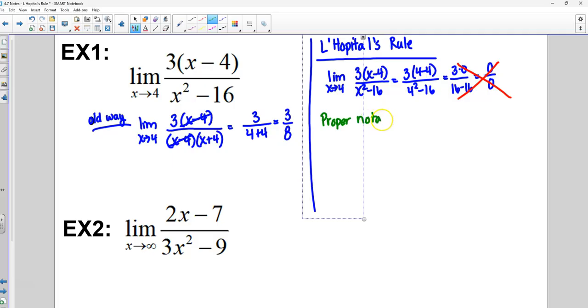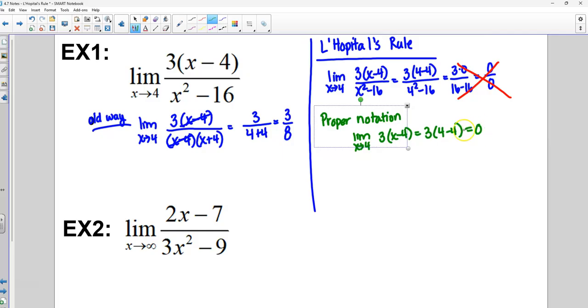This is what I prefer for you to do. You're going to do the limit as x approaches 4 of the numerator only, which is going to be 3 times 4 minus 4, which is going to give you 0. And then you're going to do the limit as x approaches 4 of the denominator only, which is 4 squared minus 16, which gives you 0.